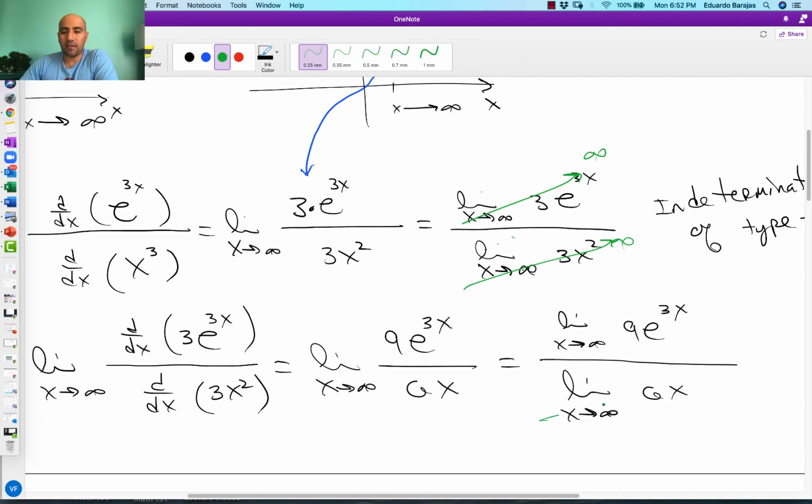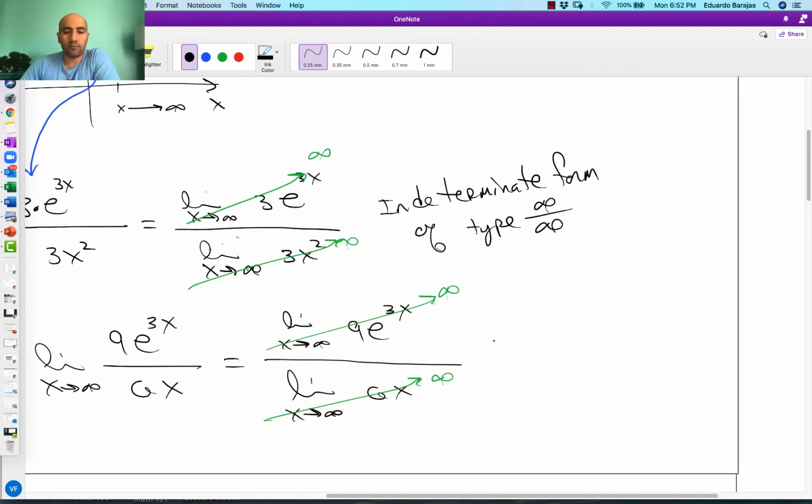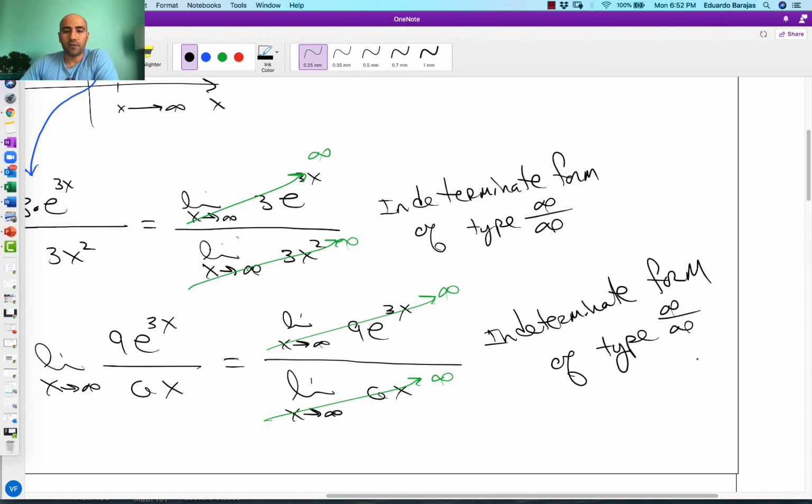And once again, this is heading toward infinity, and this is heading toward infinity. Once again, we have an indeterminate form of type infinity over infinity. So we get to use L'Hopital's rule one more time.